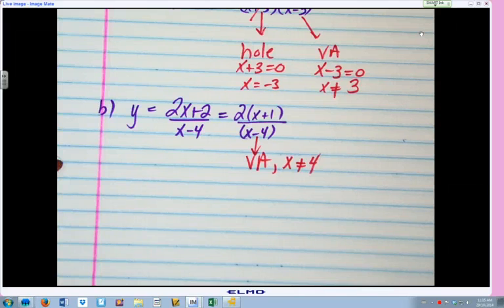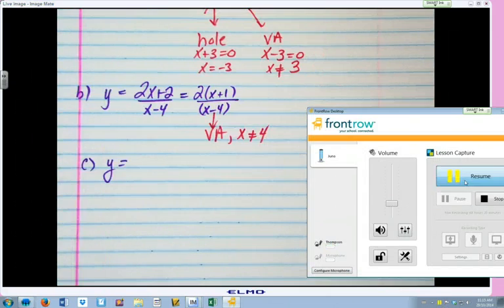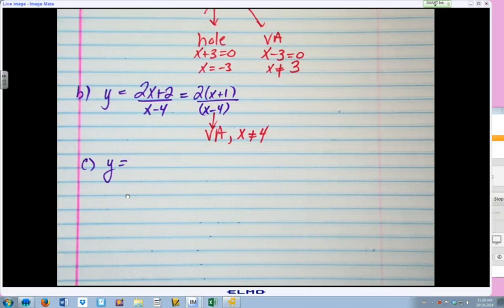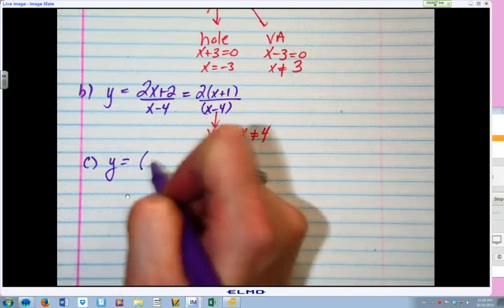Show me your thumb so far. I'm getting this, I'm kind of getting this. Okay, try C and D with somebody, or by yourselves, antisocial people. I'm feeling like you're at least done C, since you're already kind of talking D. C, can we factor the top? Give it to me.